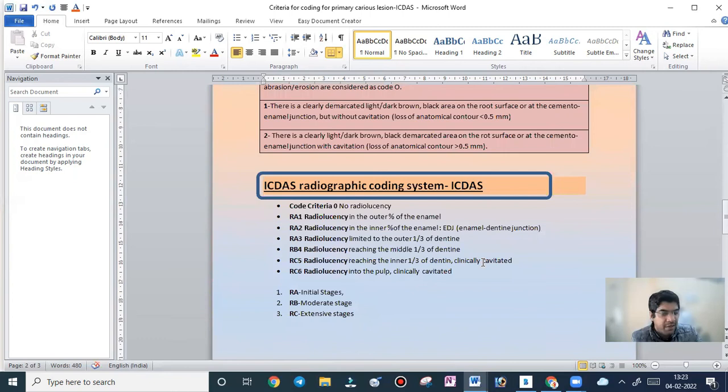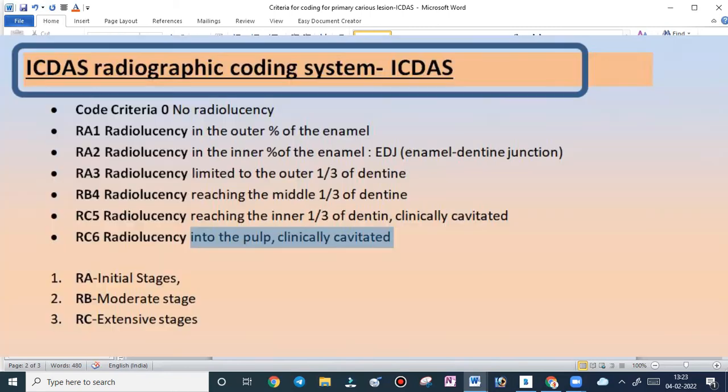Coming to the radiographic coding system. On the radiograph, if you see no radiolucency, then the code is 0. When there is radiolucency in the outer portion of enamel, it is RA1. When there is radiolucency in the inner portion of enamel, that is the enamel dentine junction, it is RA2. When the radiolucency is limited to the outer 1/3 of dentine, it is RA3. When the radiolucency reaches the middle 1/3, it is RB4.